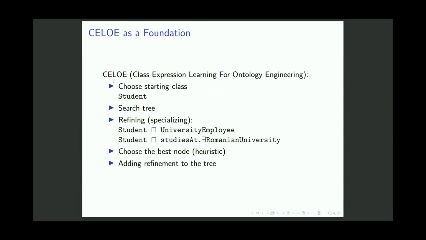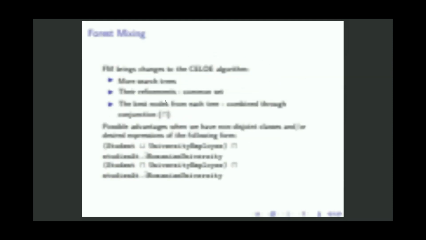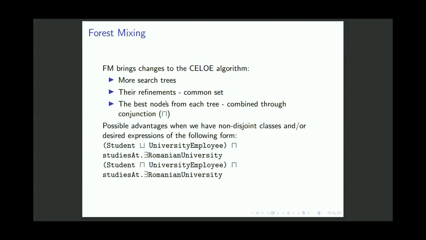We know the student covers all our positive examples, and we want to specialize this until it doesn't, so we have the most specific expression that also covers our examples. And these small trees would create from their nodes the refinements, which are more specialized expressions. And we would choose between them.